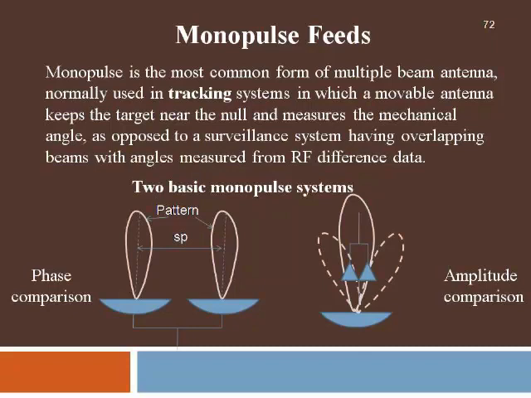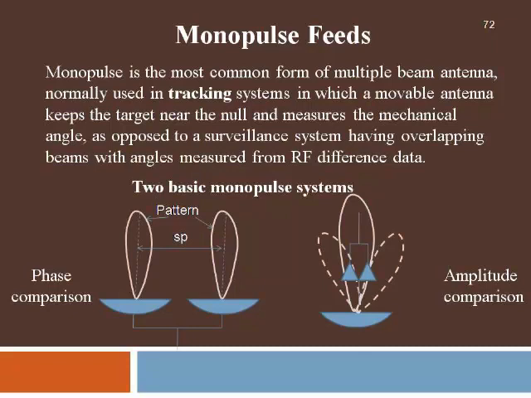So in the diagram here, two basic monopulse systems are shown, one for phase comparison monopulse, the other for amplitude comparison monopulse. In phase comparison, the two antennas are displaced and the separation between the two beams will give us the phase information and hence the target coordinates.